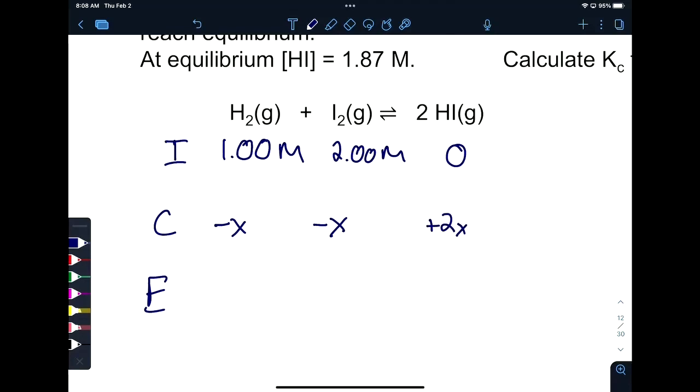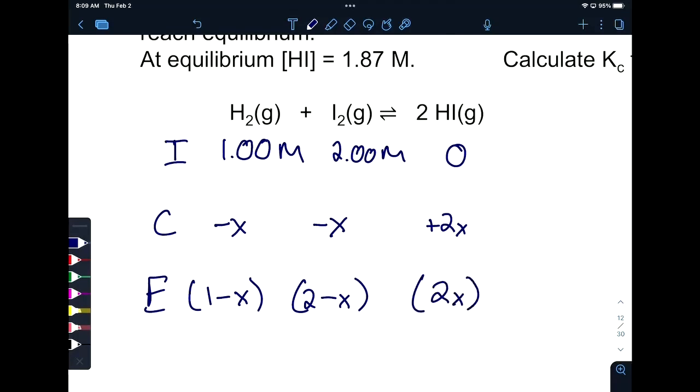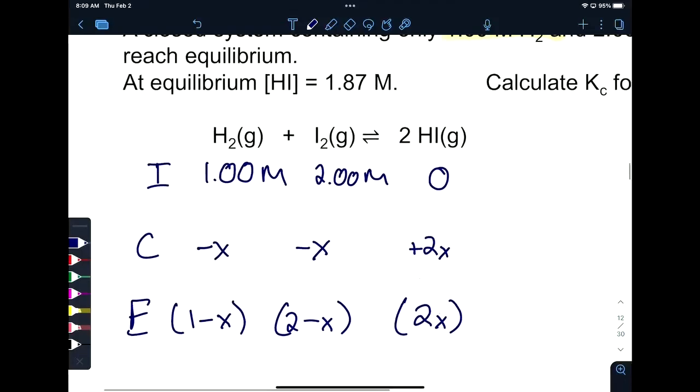All right, and then you add up your columns. So at equilibrium, we will have 1 minus X of hydrogen, 2 minus X of iodine, and then just 2X amount of HI.